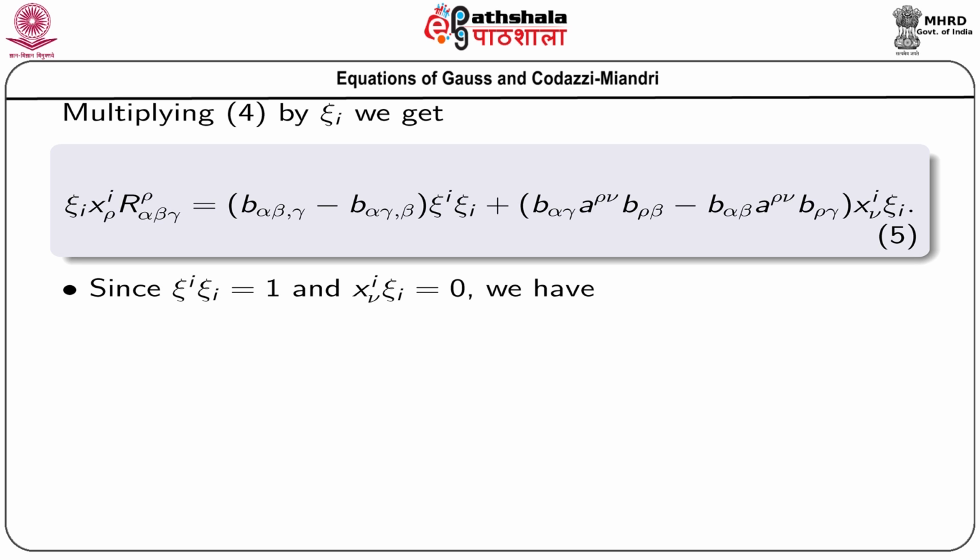Now, since xi upper I and xi lower I equals 1 and xi I x I sigma equals 0, any term like this xi I x I rho or xi I x I sigma will come to 0, because xi I is the surface normal vector and x I sigma is a surface vector, and so they are orthogonal.